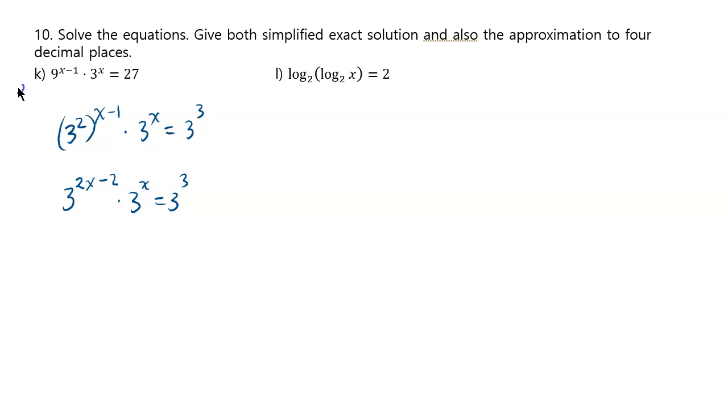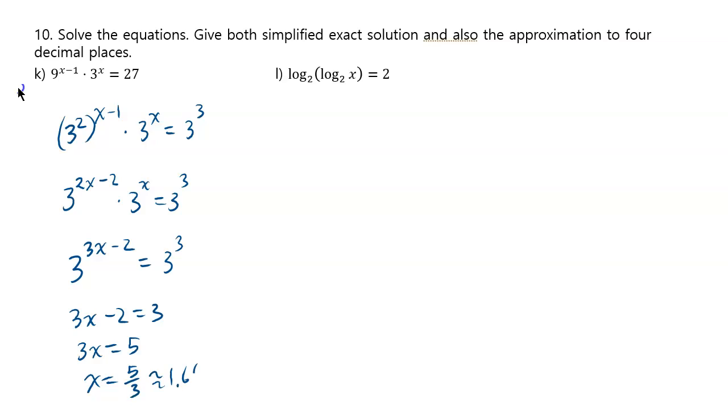And then you have the same base, so the exponents add up. So you have 3 to the 2x plus x, that's 3x, minus 2 equals 3 cubed. And again, the same base, therefore the exponents have to match. So 3x minus 2 is 3, add 2 both sides, 3x is 5, divided by 3, so it's 5 over 3, and that's about 1.667.